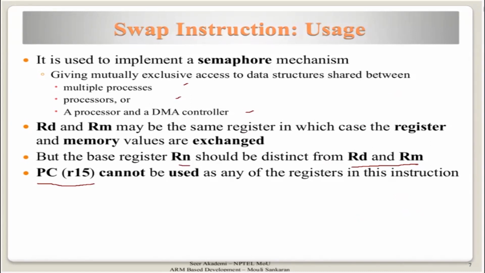Because when you are using R15, what are you trying to do? You are trying to modify the content of the program itself, because the PC will be pointing at the program code. You cannot swap it with some other content of Rn or Rm, and it may have unpredictable results. So the ARM processor doesn't allow such a transfer.